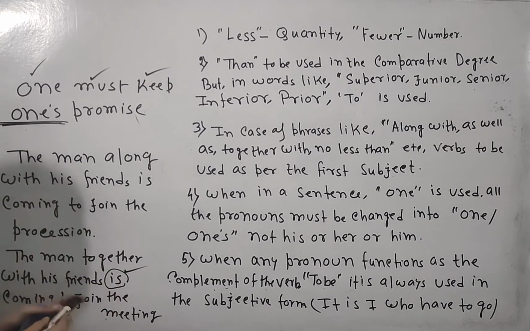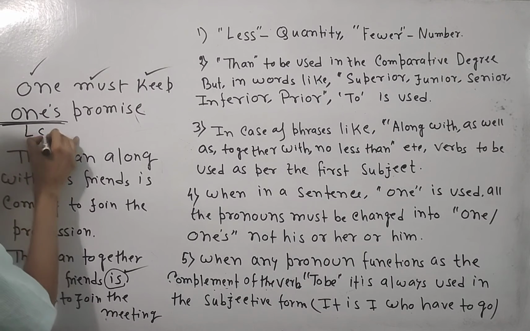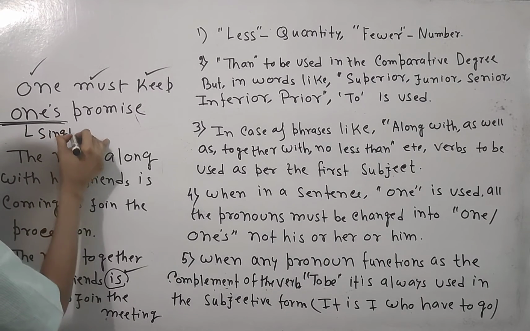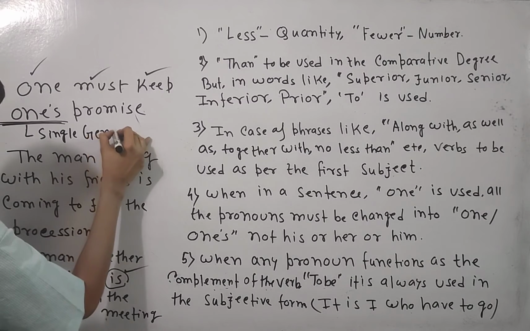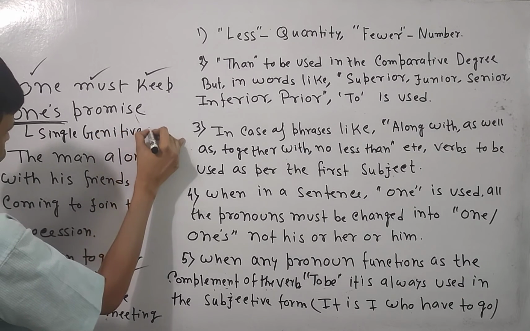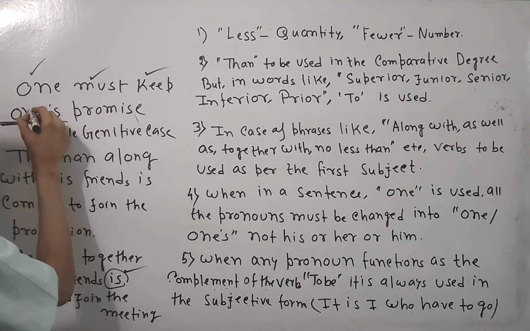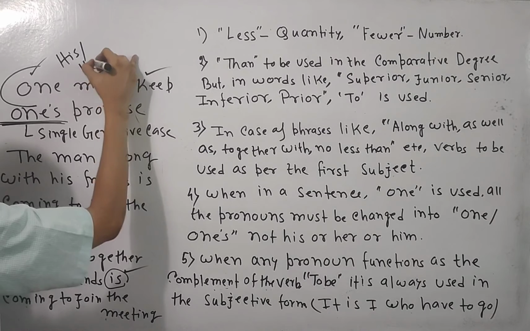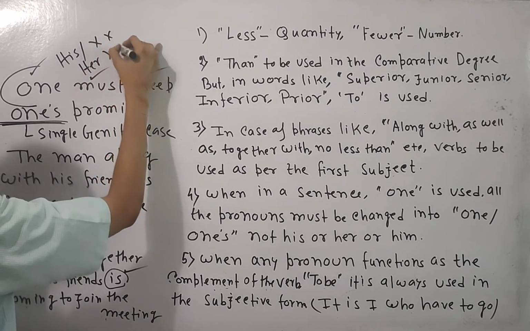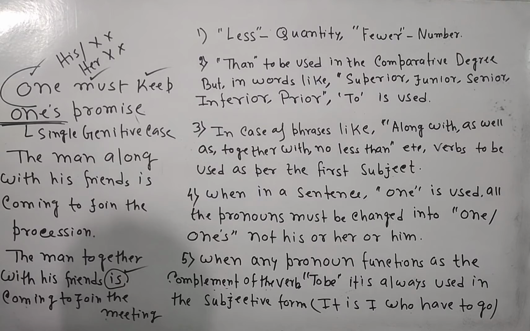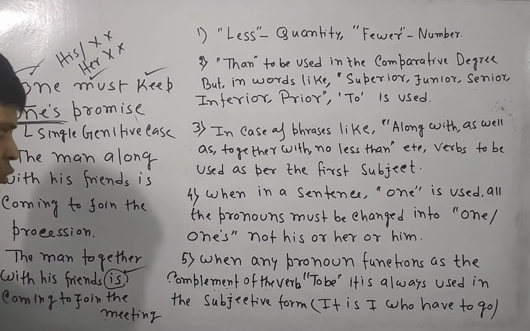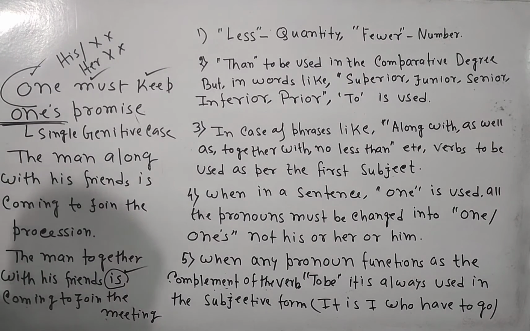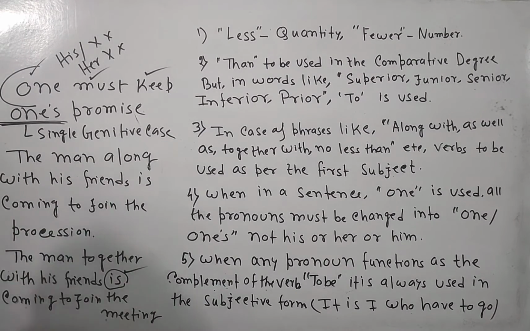So we cannot write his or her; all will be incorrect. Okay, so it is all about the rule. When in a sentence "one" is used, all the pronouns must be changed into "one" or "one's", not his or her or him, depending on the sentence construction.